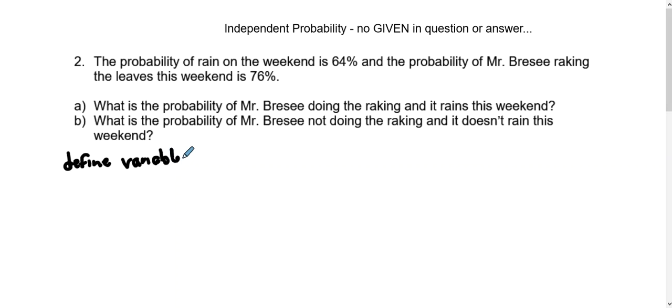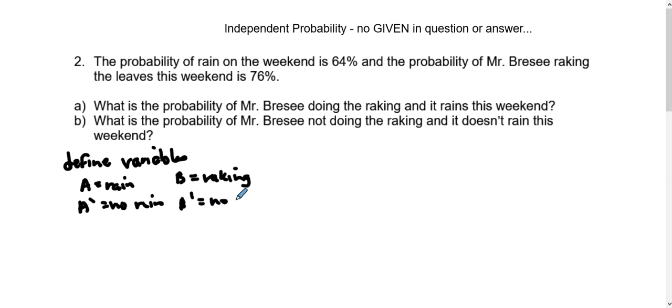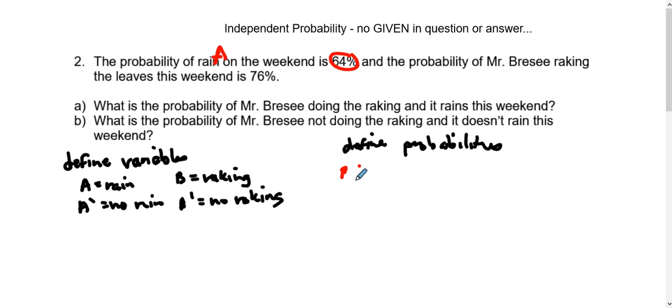All right. So A is rain. A prime is no rain. B is raking. B prime is no raking. So take the time to do the work. All right. Define the probabilities. Okay. So if I look up here, probability of rain is 64%. So therefore, probability of A is 0.64.